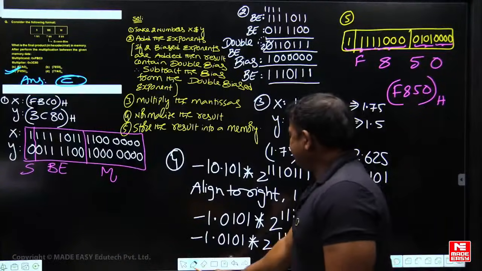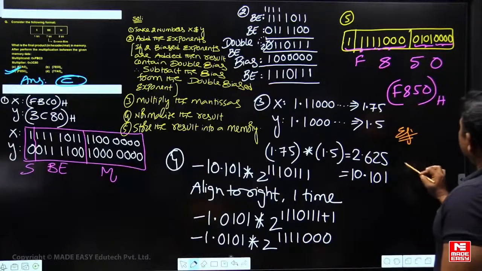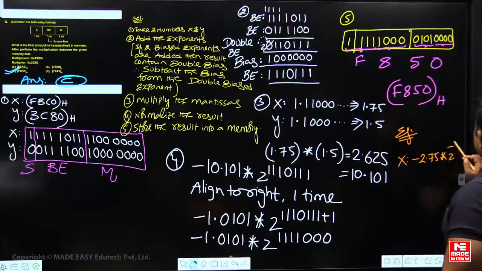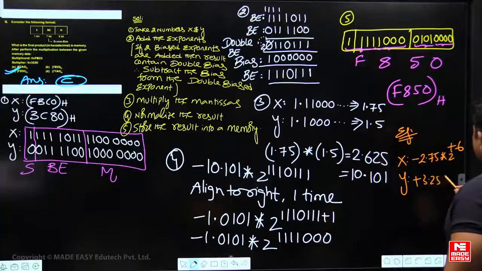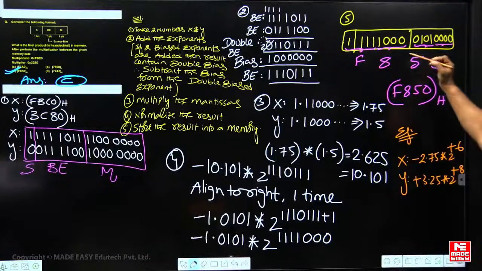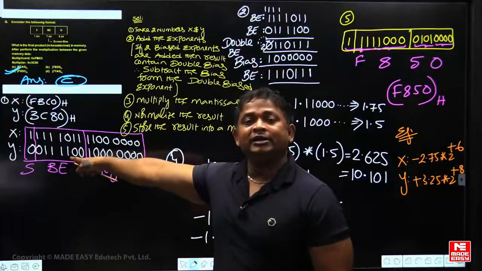For example, if the question is given like this: minus 2.75 into 2 to the power of plus 6, and plus 3.25 into 2 to the power of plus 8. These are the actual exponents. If you add these two actual exponents, then at the time of storing we add the bias. But this is already memory data, and memory data is already biased exponent data.